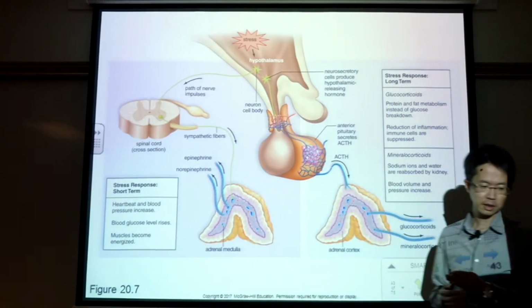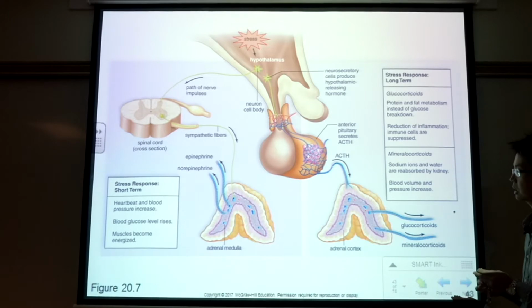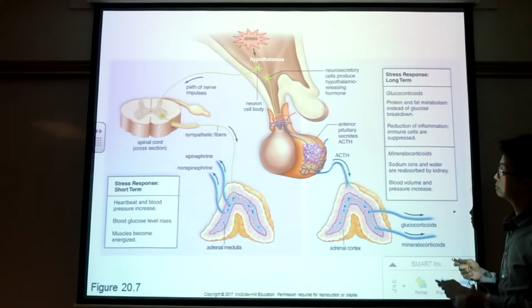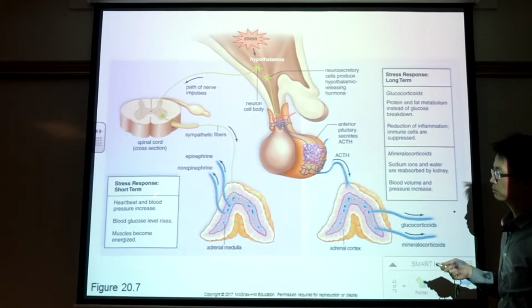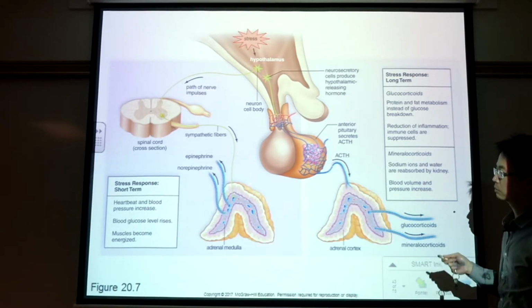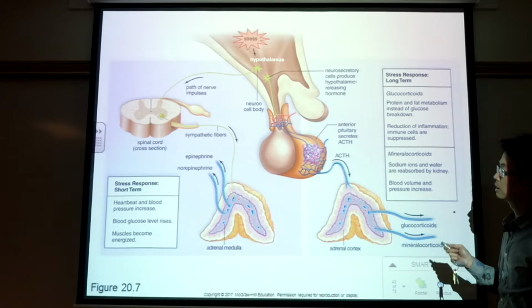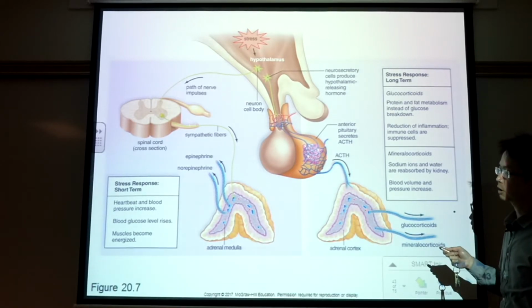This summarizes what we just studied. For the short-term response, if we have stress, this is our autonomic nervous system. This is the preganglionic sympathetic neuron.